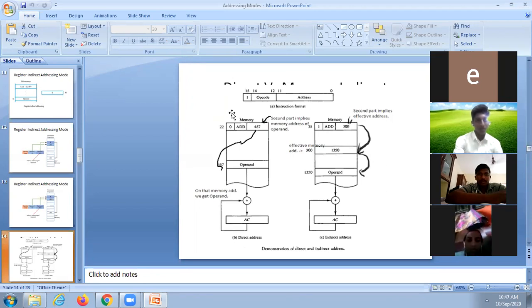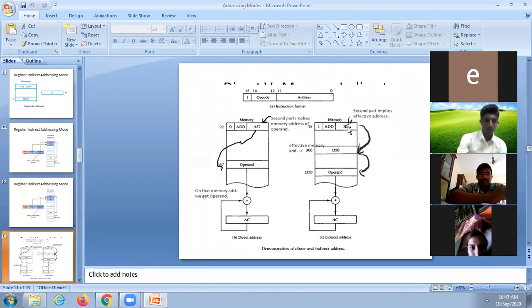The meaning of add here is add the accumulator with the other data element. The other data element's address is shown as 457 in direct addressing mode, whereas in indirect addressing mode it shows 300, which gives the address of the data.